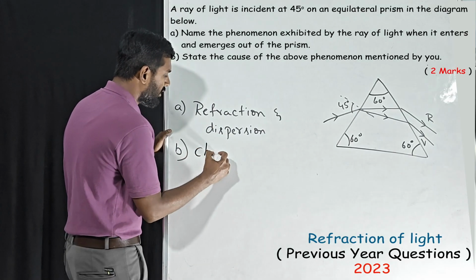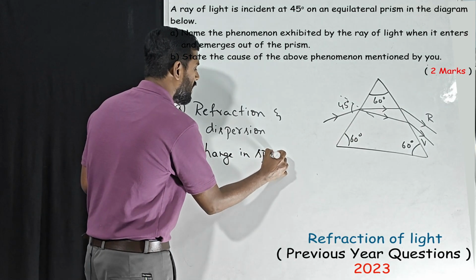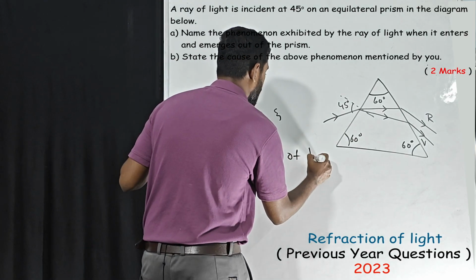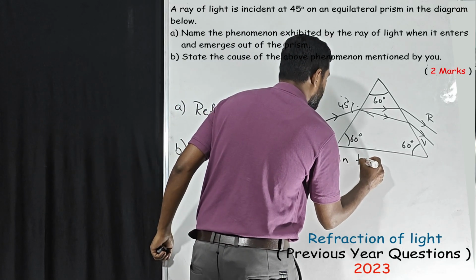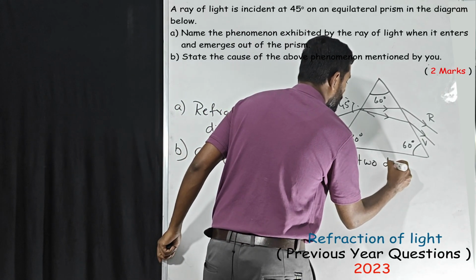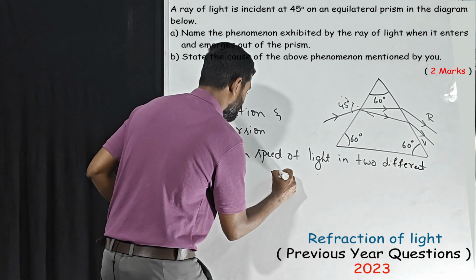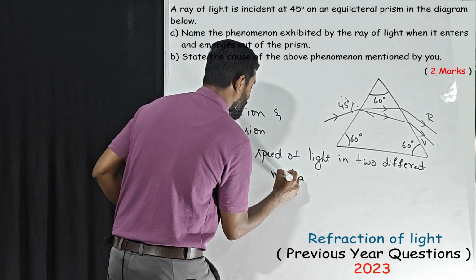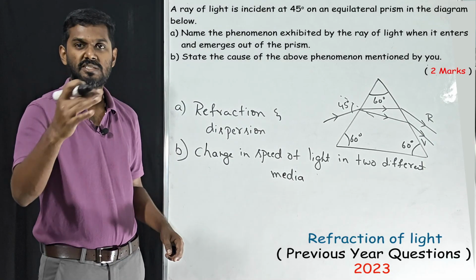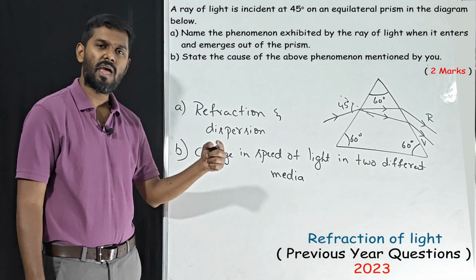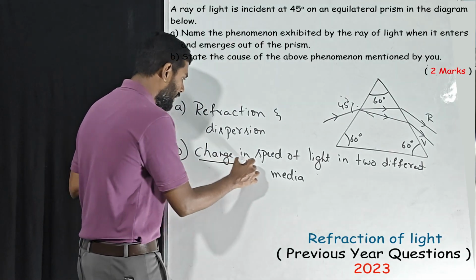Change in speed of light in two different media. Media is the plural form of medium. Instead of saying mediums, we can say media. So change in speed of light, this is very much important.